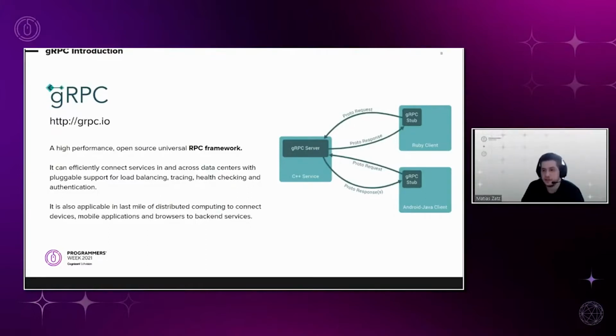And as you can see in this picture, this is the most basic form of gRPC that I can explain to you. We're going to talk about this later, about the proto request and response and everything. But the cool thing about gRPC is that you can connect different services made in different languages, and they can talk to each other without any problems, okay?